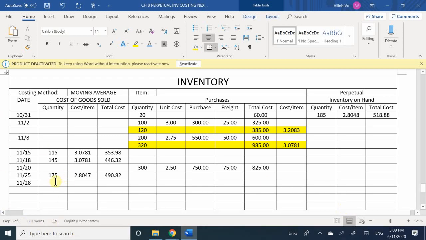Okay. Here we recognize on the 28th that we are going to sell another 125 items at $2.8048 this time.